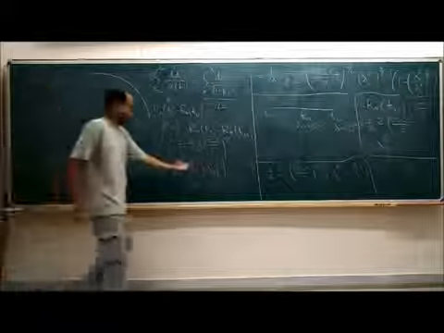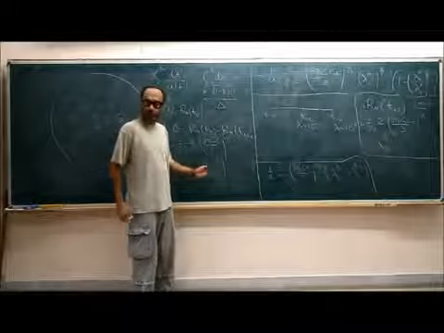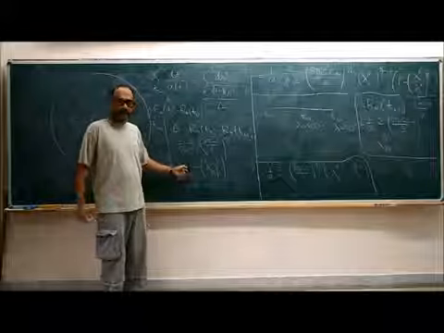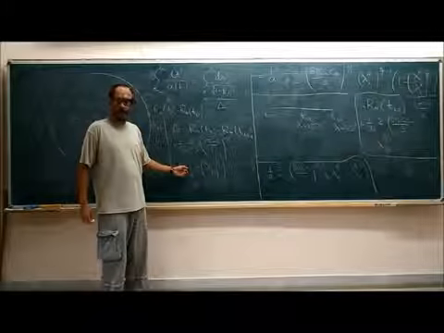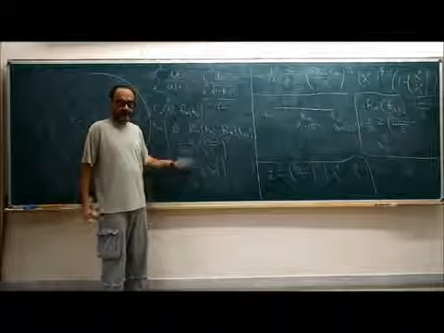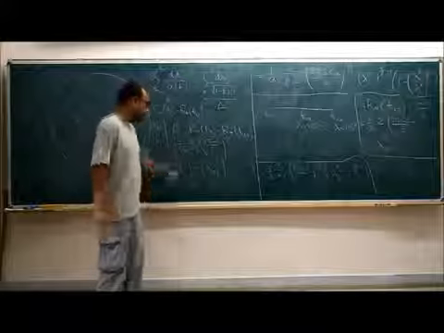This is 10 to the minus 3, right? So 10 to the minus 3 by 2 is small compared to 1, at least smaller than 1/10. So this is of order 1.